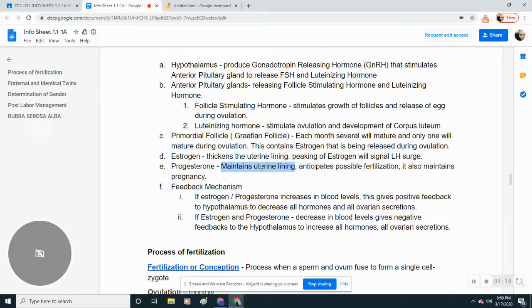So when you have your period, there is no more uterine lining, right? So in order to maintain that uterine lining so that our fertilized egg can attach, we need progesterone. It anticipates possible fertilization and also maintains pregnancy. That's why I call this the pregnancy hormone.